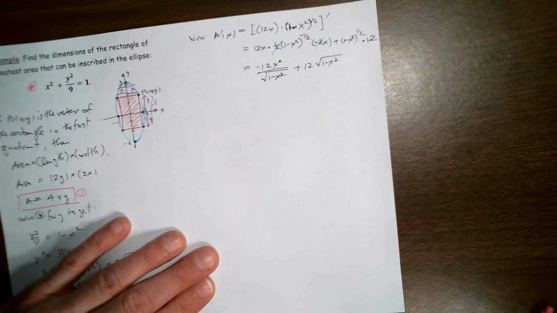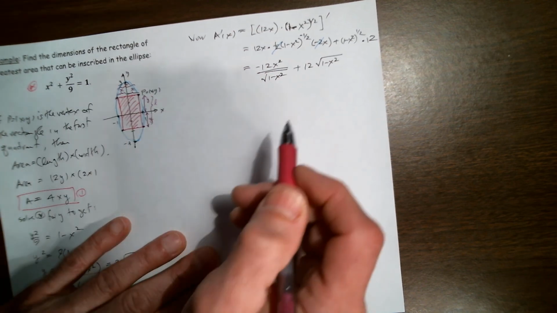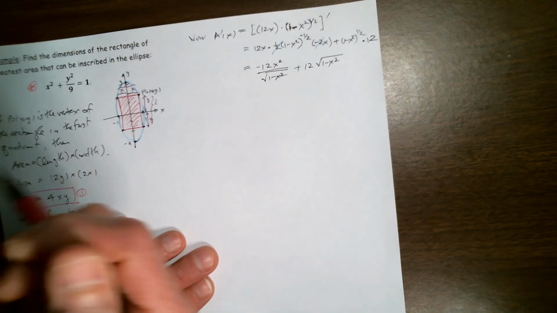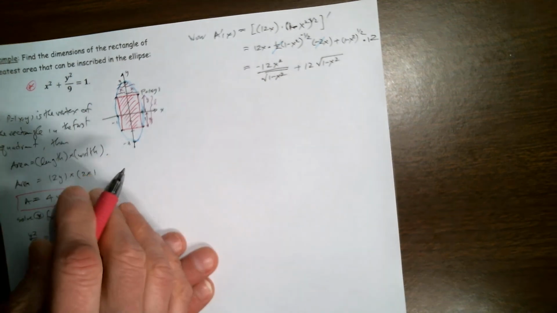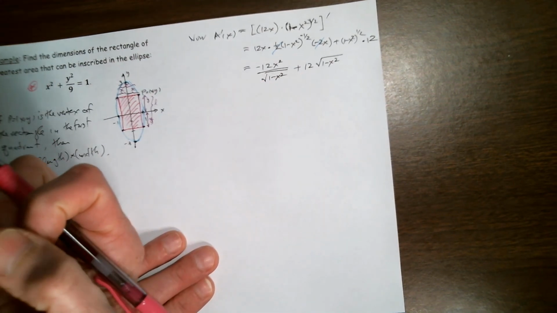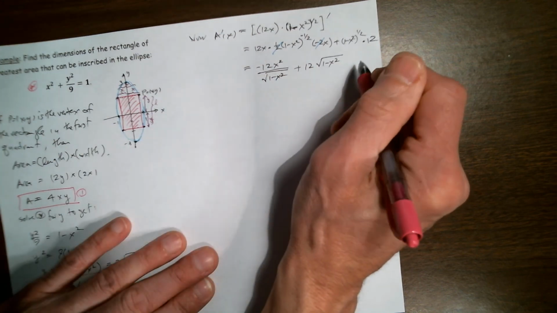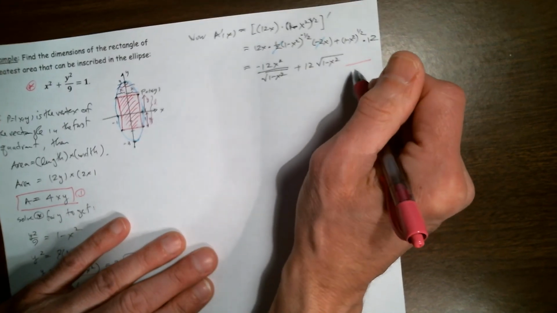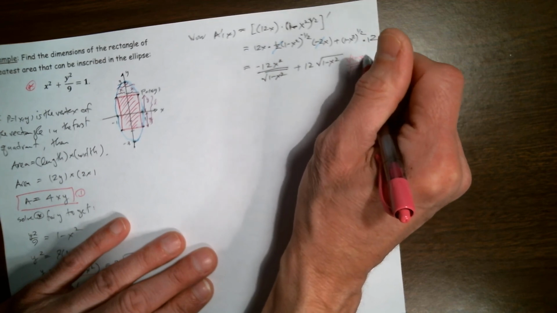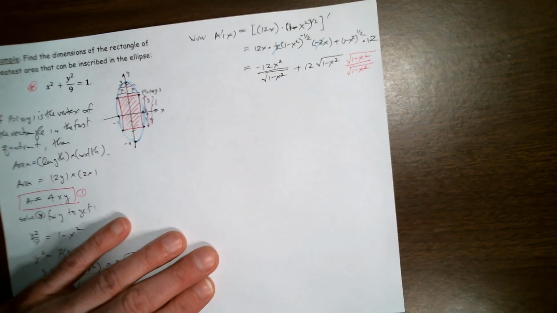Now, of course, we'd like to simplify a little further, and that would involve writing this expression for the derivative of area as a single fractional expression. So to do that, we need the common denominator, which in this case will be root 1 minus x squared.